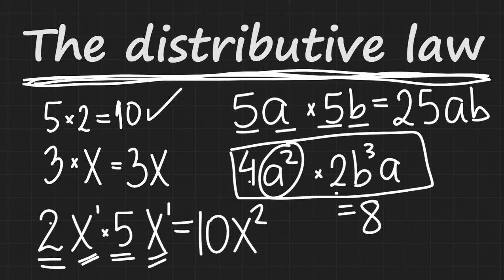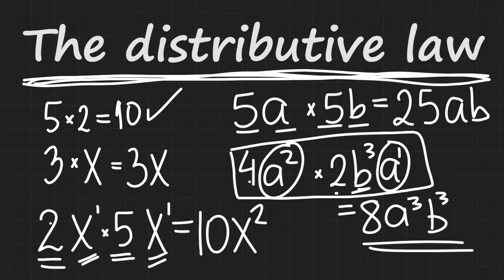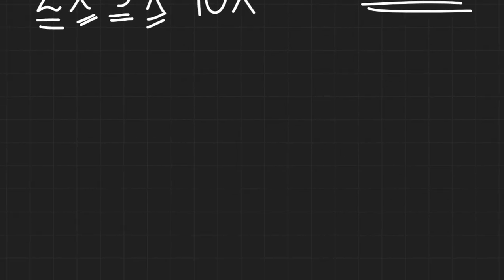A to the power of 2 multiplied by a, so we add 2 and 1, which is a to the power of 3. And then b to the power of 3, we just have to copy because there is no other b that we can multiply with. All right. So if that is clear now, let us revise a couple of other things.